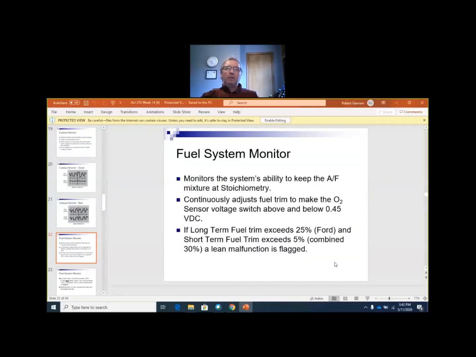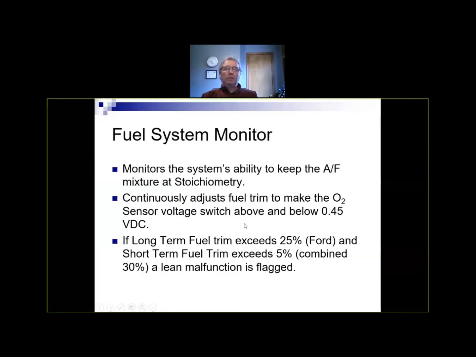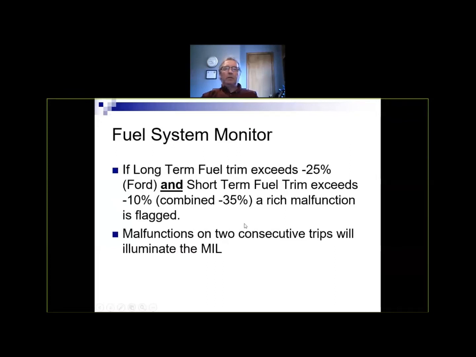Okay. See, do I have anything else? Malfunctions on 2 consecutive trips will eliminate the MIL. Yeah, we're going to talk about how many trips, how many failures it takes to eliminate the MIL for different kinds of diagnostic trouble codes. We're going to do that separately, so let's just drop that for now.